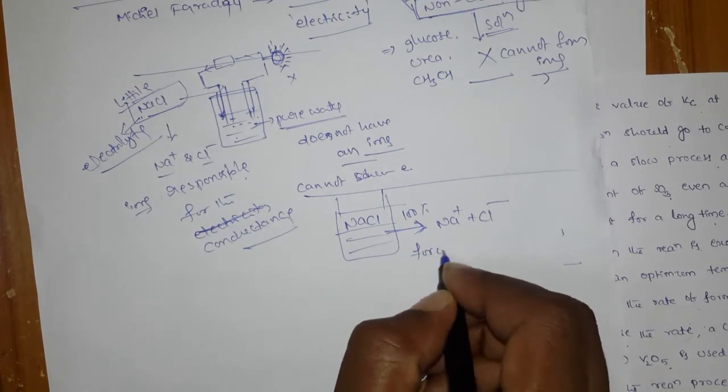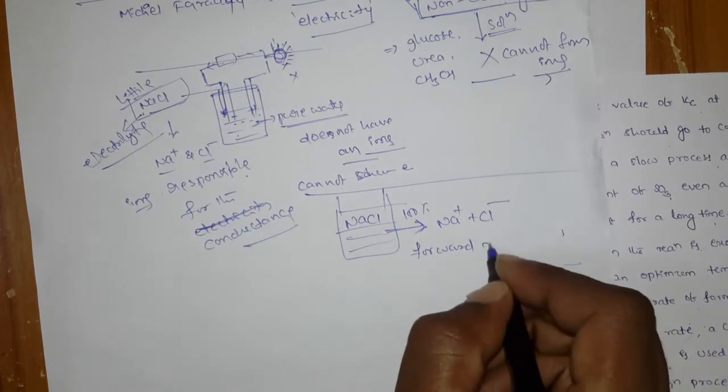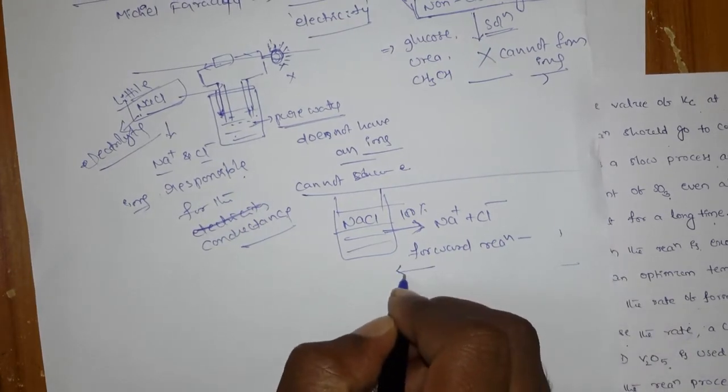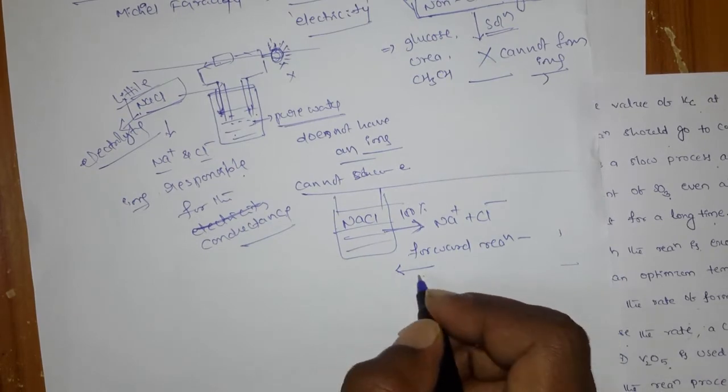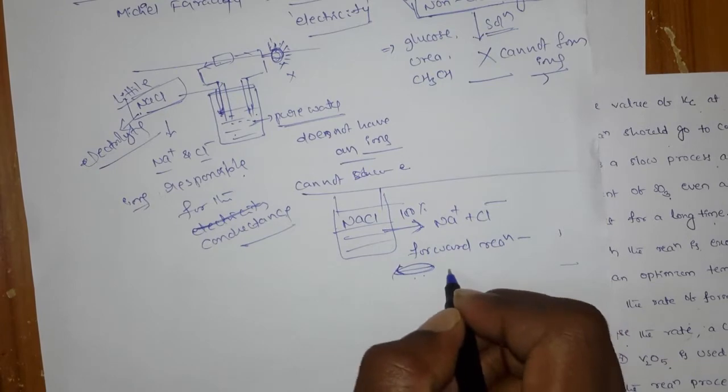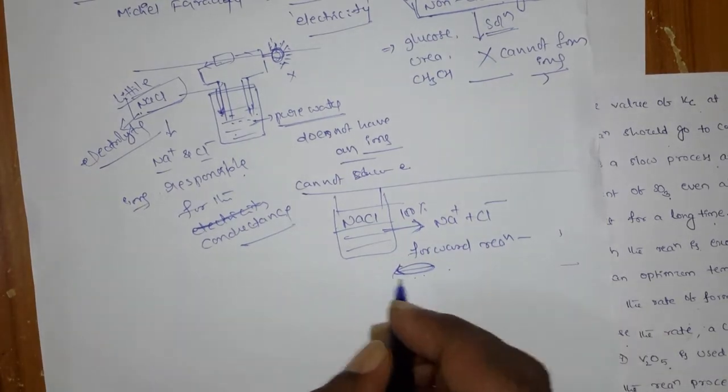Only the forward reaction takes place, and there is no chance of a backward reaction. You cannot see any backward reaction simultaneously, so it is only a one-directional type of reaction.